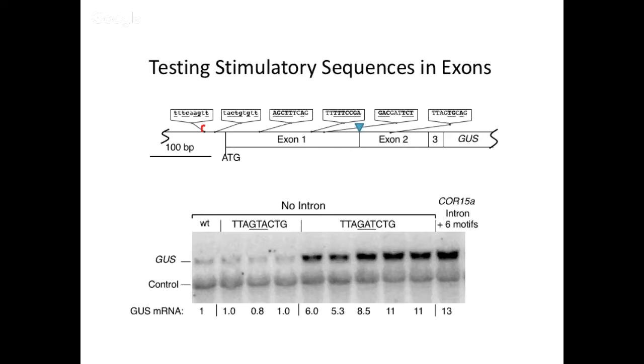And you can see that intronless constructs containing 6 copies of this motif encoding sequences stimulate mRNA accumulation almost as much as do the 6 copies of that motif in the context of an intron. So from this we conclude that these sequences do not need to be in an intron in order to boost expression. They seem to be able to stimulate expression from the DNA context as well.